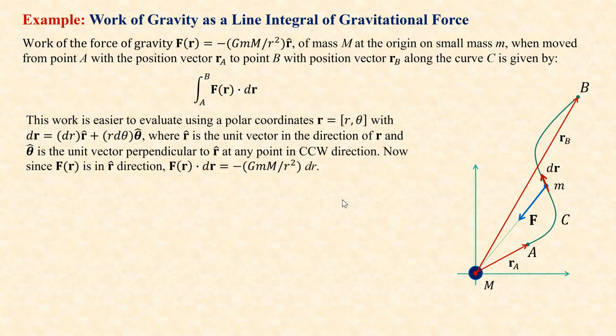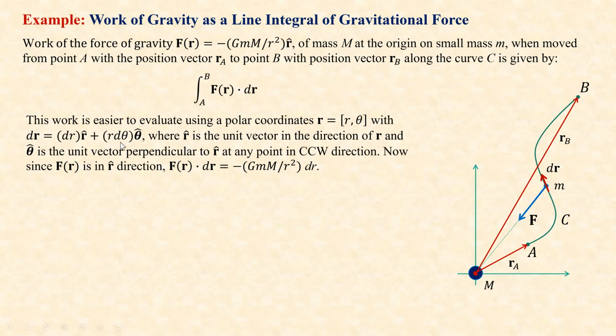Now F is in the r hat direction, so F dot dr becomes this vector dotted with this vector. So r hat dot r hat becomes 1, and r hat dot theta hat becomes 0.